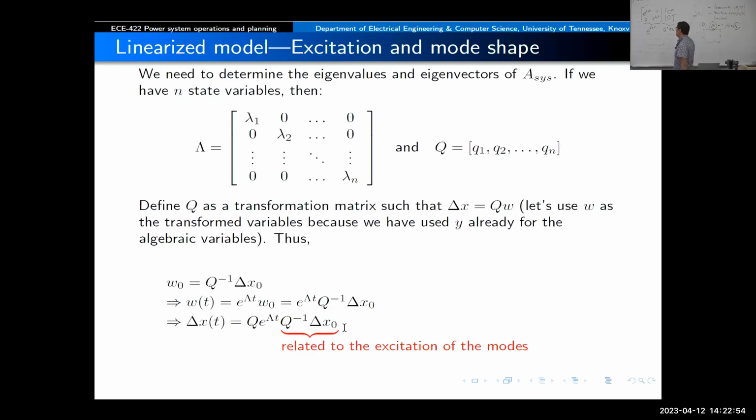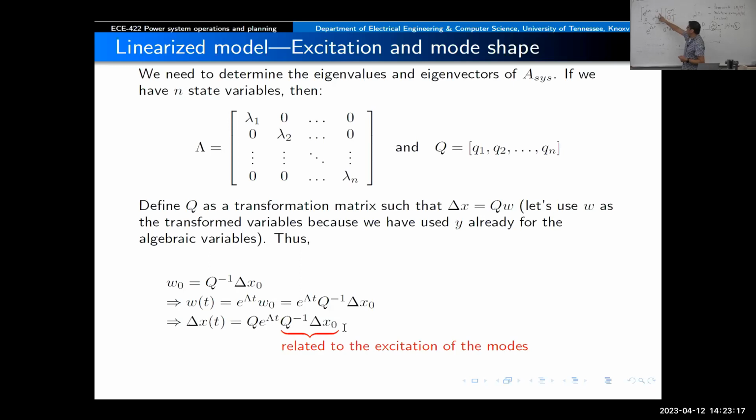What about the other part? When you have that result for the exponential of lambda t in this term, and you have that vector, then you need to multiply that by Q. What do you think will happen? We look back here.